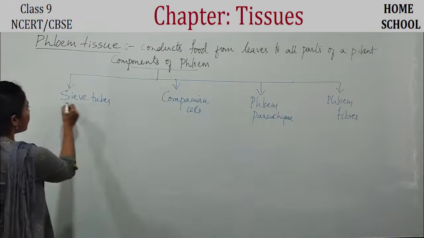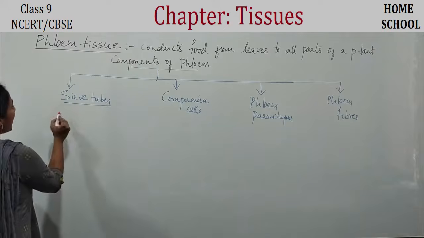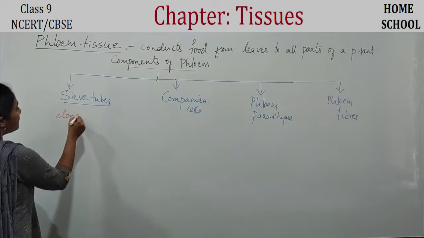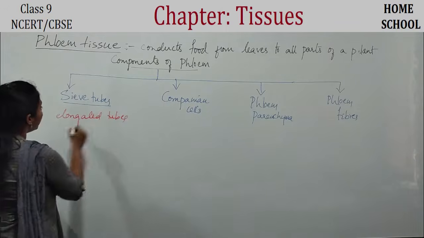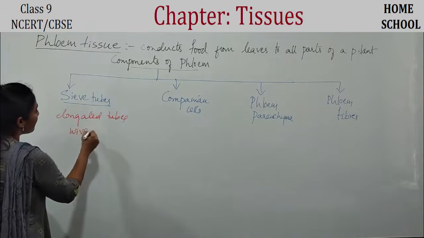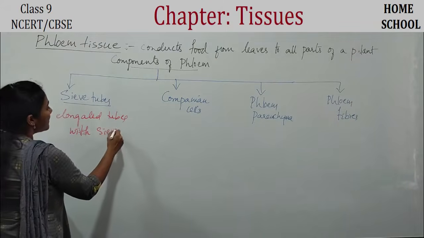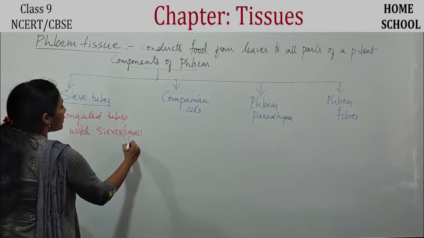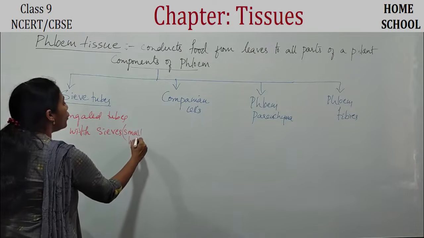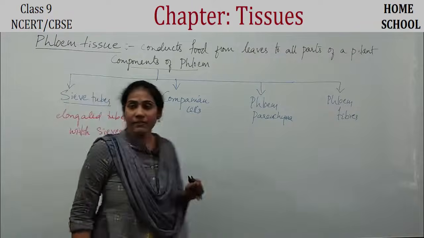Coming to the sieve tubes, these sieve tubes are elongated tubes with sieves. They actually consist of sieves. Sieves in the sense small pores or very small holes are called sieves. Clear?